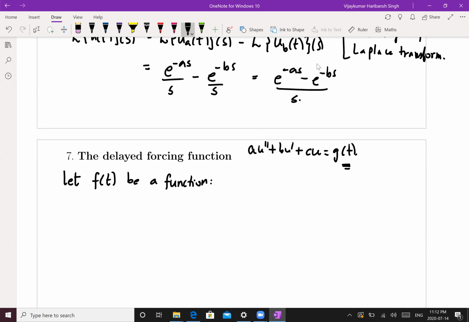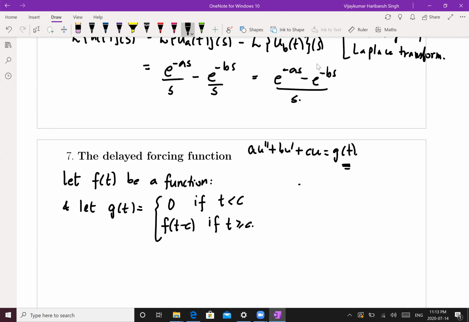Let's define g of t to be 0 if t is less than c, and f of t minus c if t is greater than or equal to c.